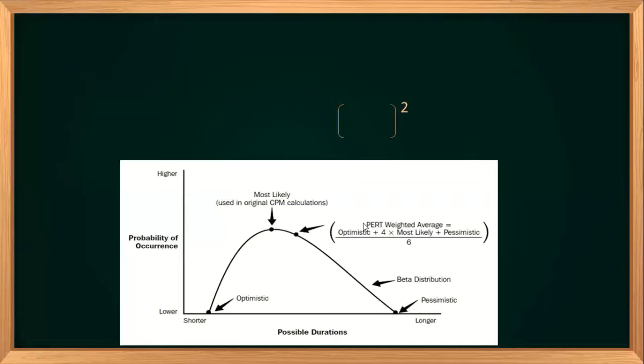To calculate our estimated time or average time, we use a weighted average approach. In this approach, more weightage is given to the most likely time, whereas equal weightage is given to the optimistic and pessimistic times. So we use this formula: optimistic plus 4 times most likely plus pessimistic, divided by 6, gives the average time for an activity. In the example I'm not talking about an activity, but generally it is done for each and every activity.